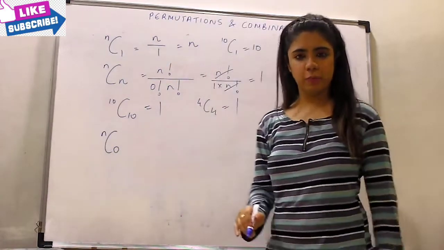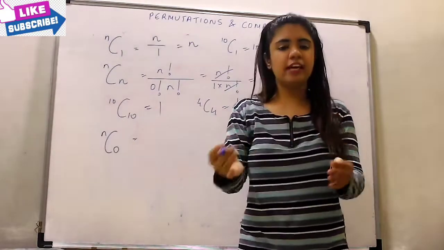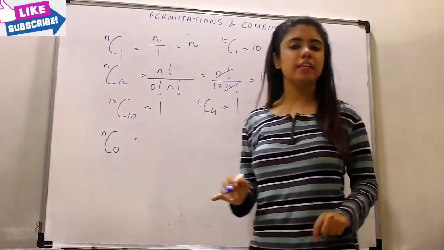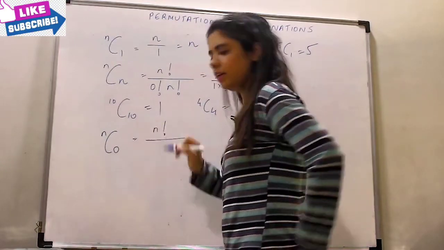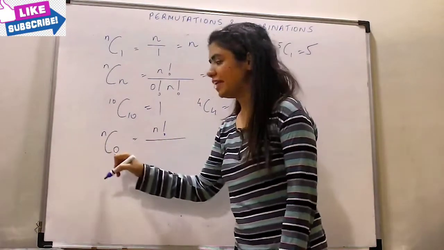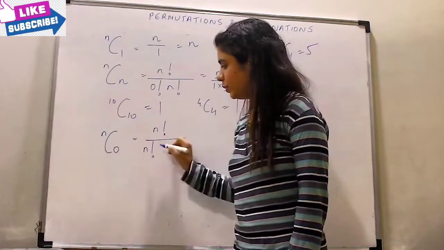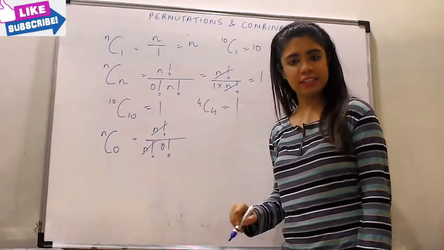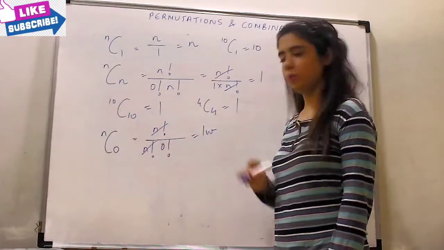Okay. The next value which we'll be using quite a bit is NC0. What does NC0 mean? Understand, I have n subjects and I have to select 0. I don't have to select any. In how many ways can I do that? Now see, this will be n factorial upon (n minus 0) factorial, which is n factorial, into 0 factorial. The n factorial cancelled. 0 factorial is 1. So my answer will be one way.